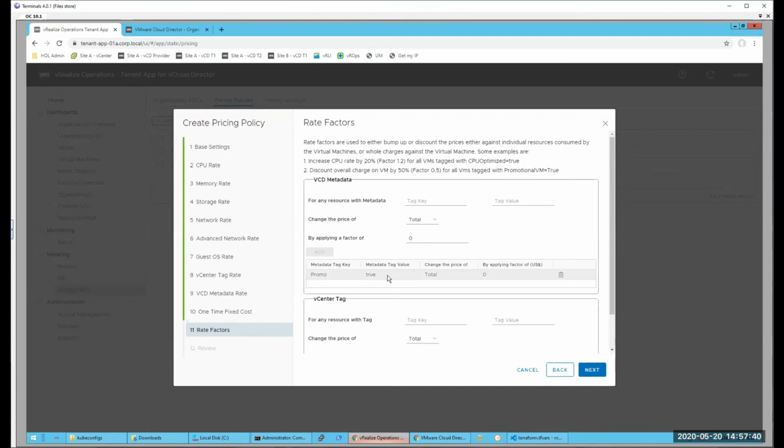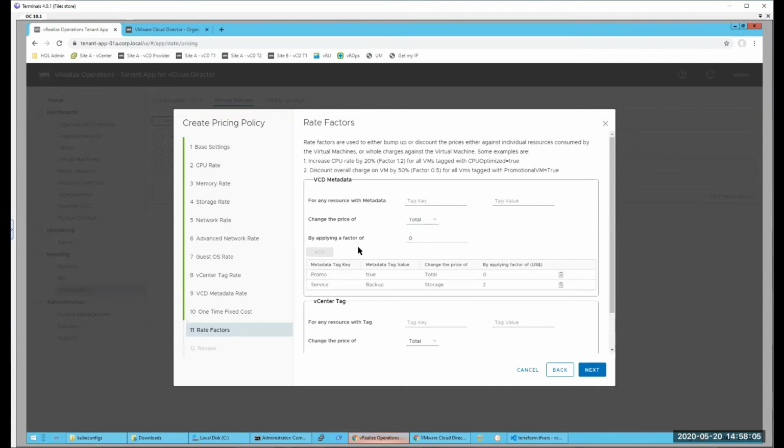You could use it the other way around as well. For all the VMs that are backup enabled, if I'm tagging them saying that these VMs are backup enabled, then apply a factor of 2 on their storage charge so that you double their storage cost. If backup equal to true, for the price of storage, apply a factor of 2, right?